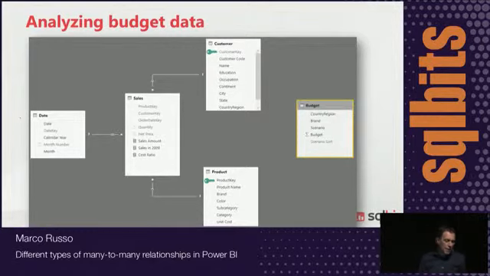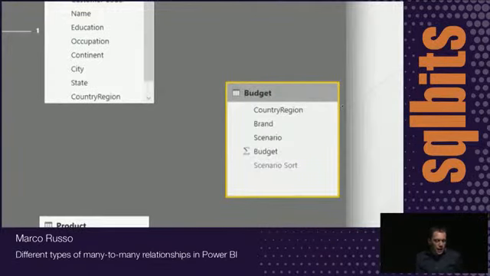For example, consider what we have here. We have a budget table that has, for each country, a group of customers, and each brand is a group of products. We have an amount, budget. And we also have a scenario that says, okay, we have three budgets. In reality, we have a scenario optimistic, pessimistic, something in the middle, something like that.